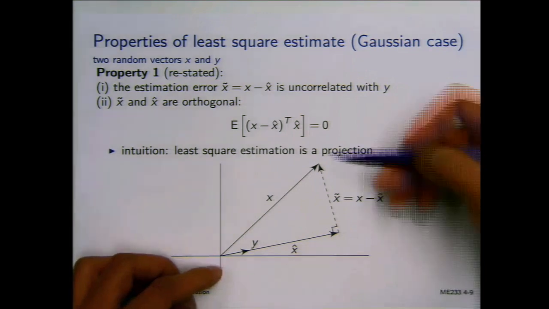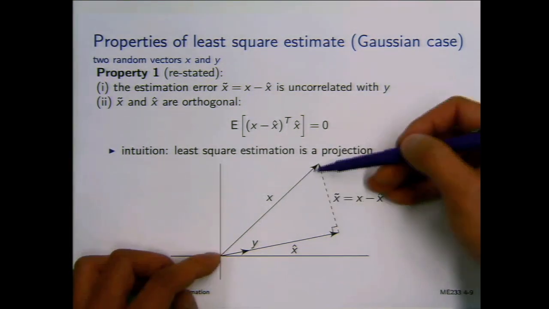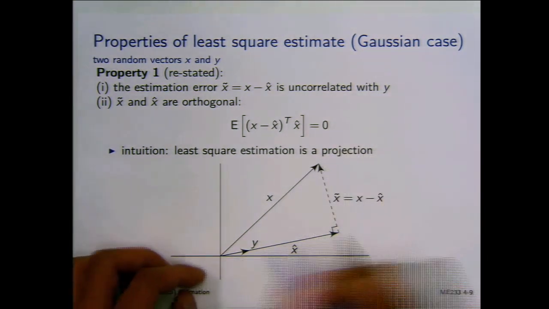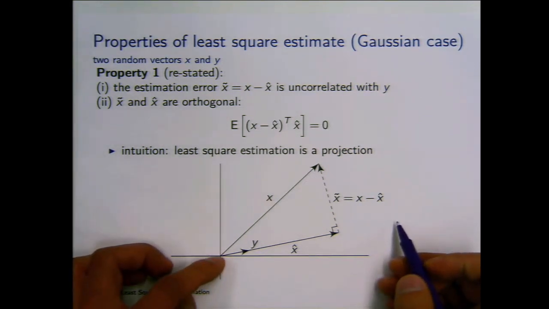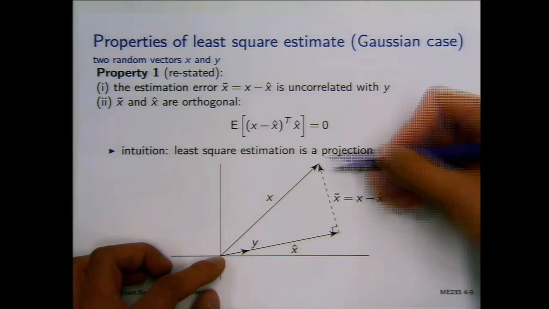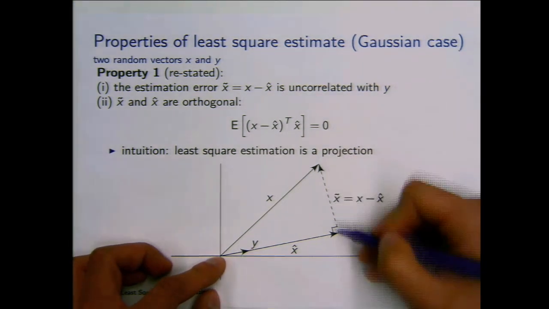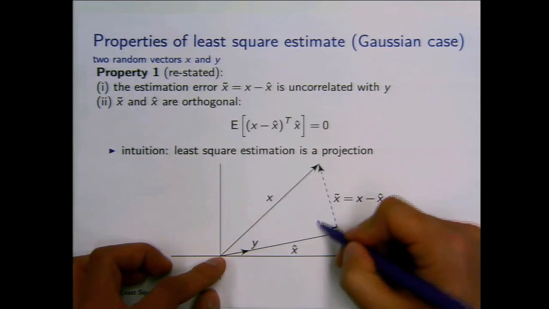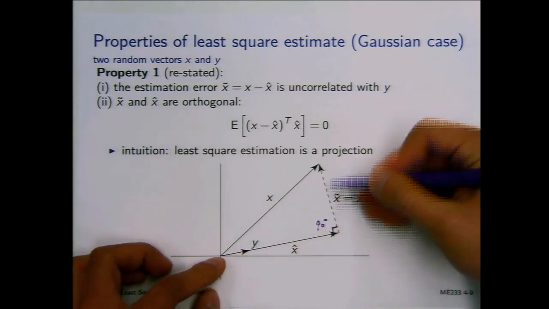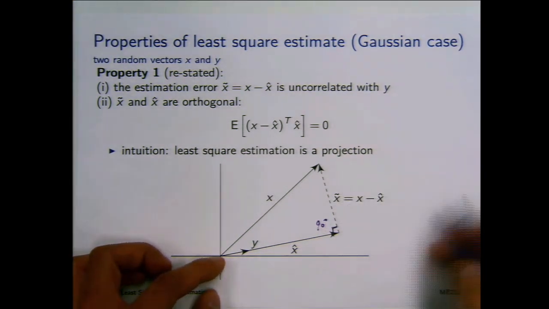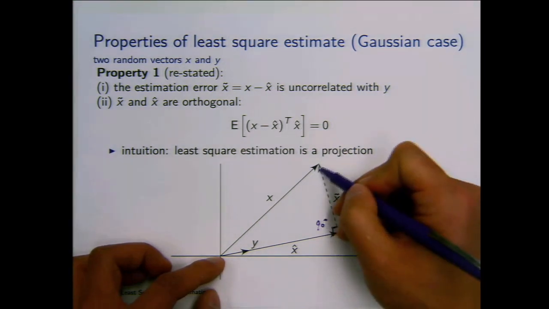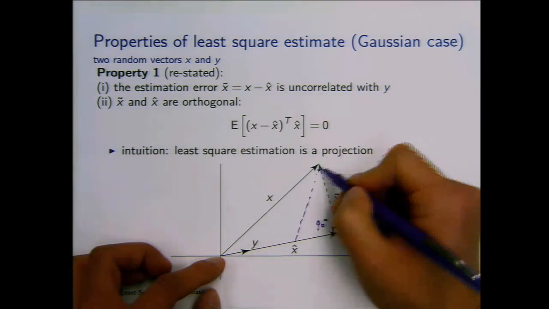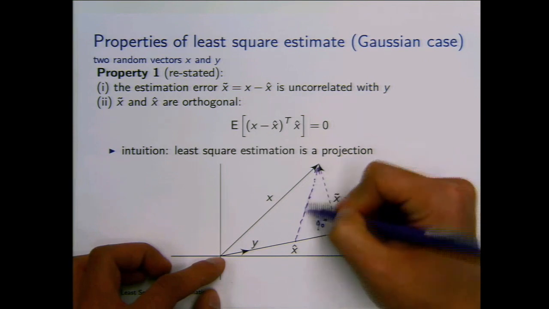Now, what will be the best estimate of x if x hat is constrained to be on this line? It is this one, right? If this angle is 90 degrees, then I'm getting the best estimate, because my error is definitely better than this. Just do a couple of examples, then you will see.